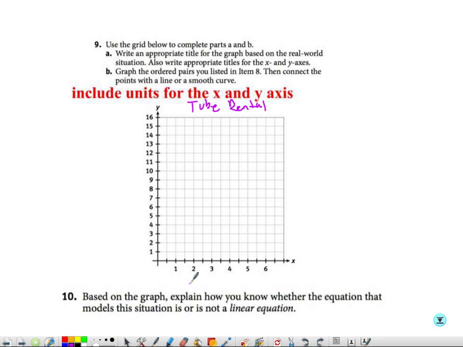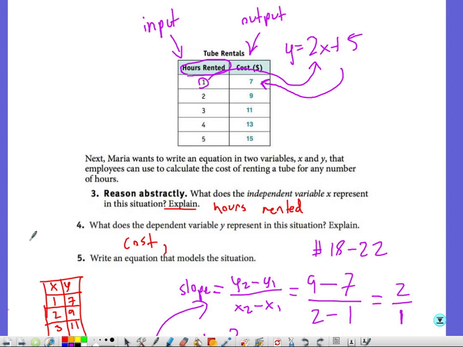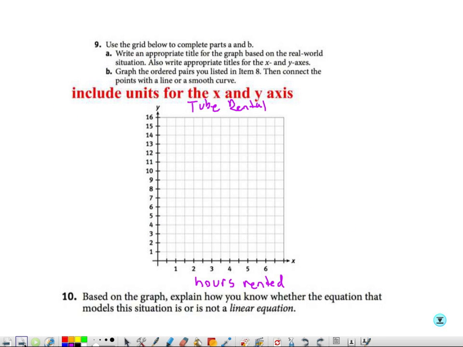So the title for the x-axis should be the hours rented. Now for the y-axis, we can look back at our table and notice that it is the cost. So our y-axis we're going to label as cost in dollars.